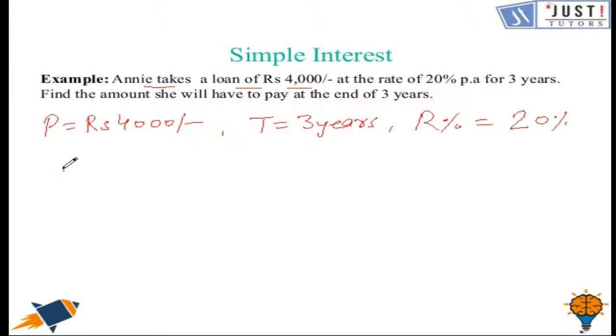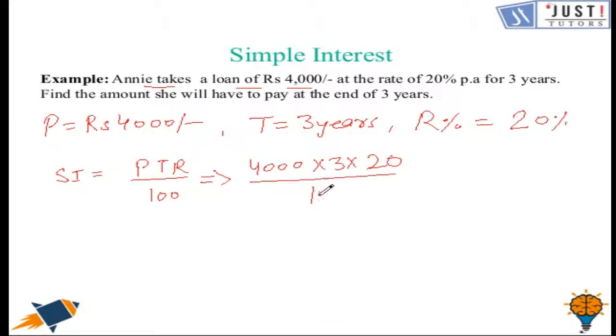For the amount, first we need to work out simple interest, that is PTR. We can also write it without using a multiplication symbol because they are variables. So it is 4,000 multiplied by 3 multiplied by 20 over 100. 100 goes into 4,000 40 times. Now we can multiply them.